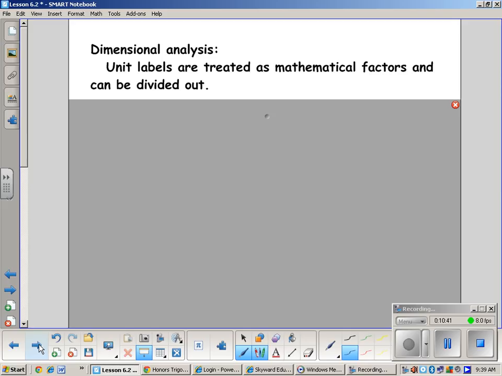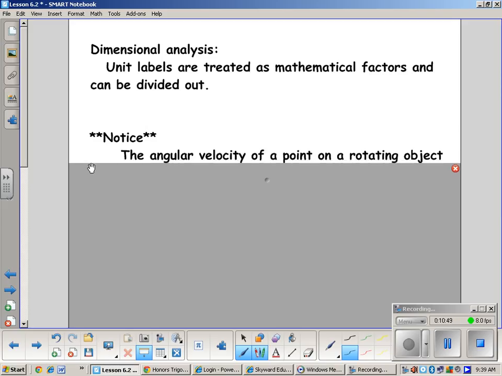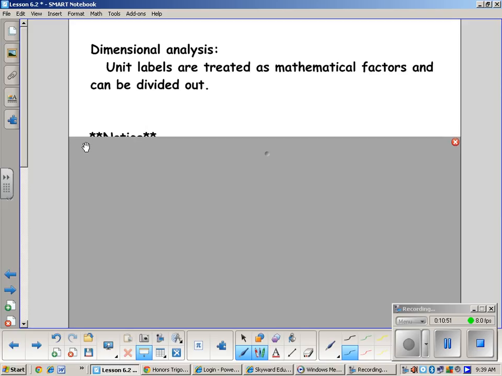Dimensional analysis. How many of you have had chemistry before? I think you've done this a lot already. Don't panic on this. Unit labels are treated as mathematical factors and can be divided out, canceled, just like you would the factor of 2 or 3 or 5 or whatever the number was.